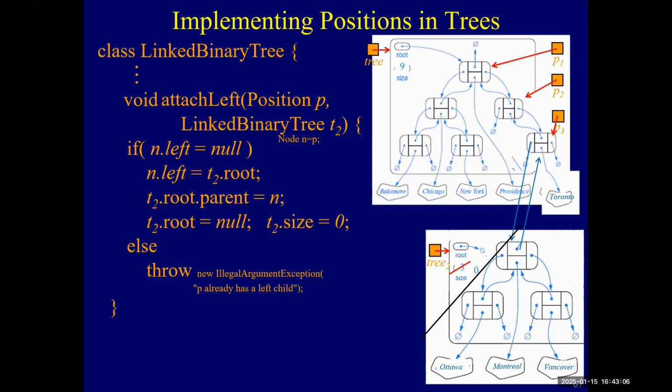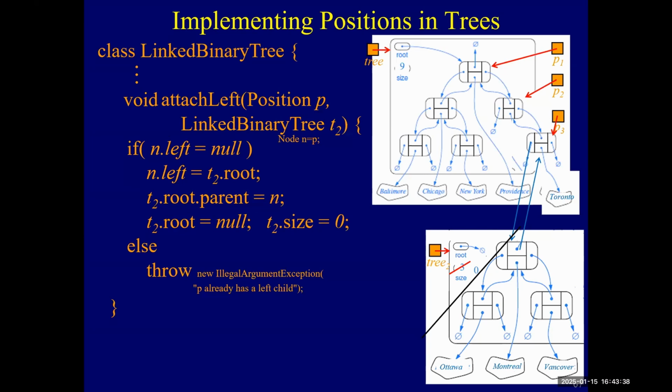Oh, in that case, that wouldn't be connected to this old tree. Is that what you're saying? If I said T2 equals null, right? Let's compare various things. Tree 2 equals null.